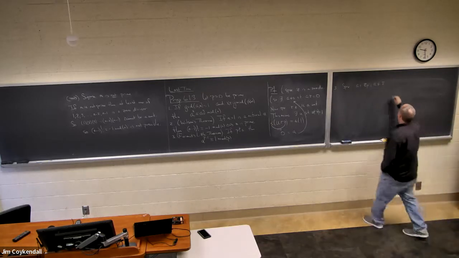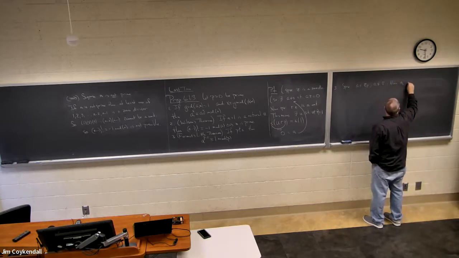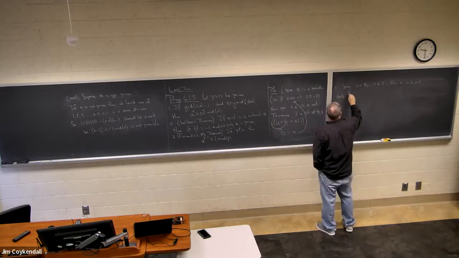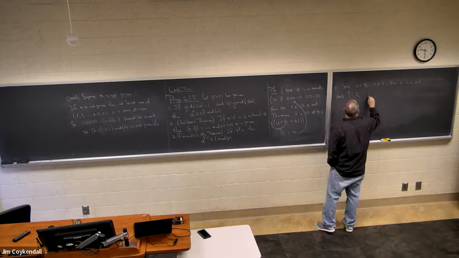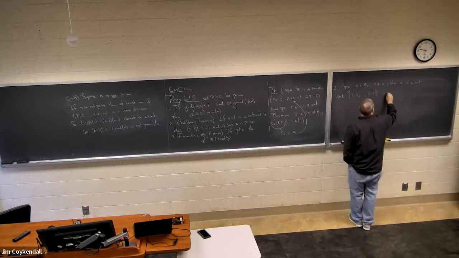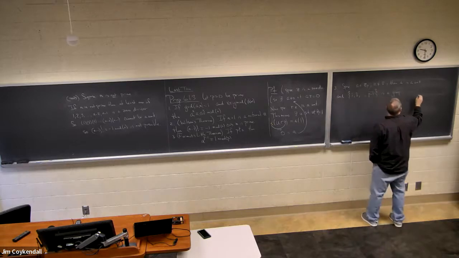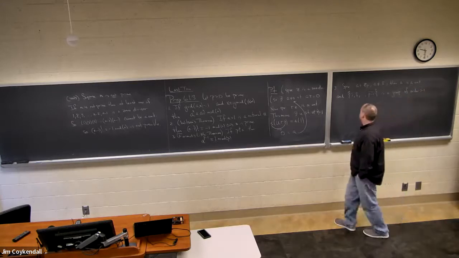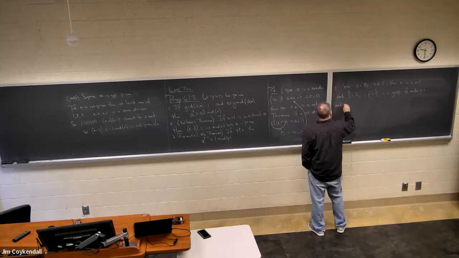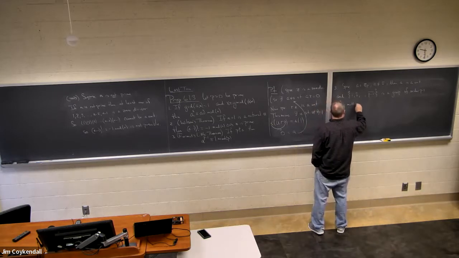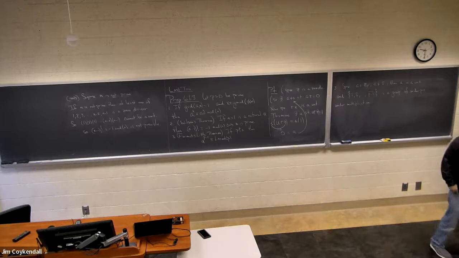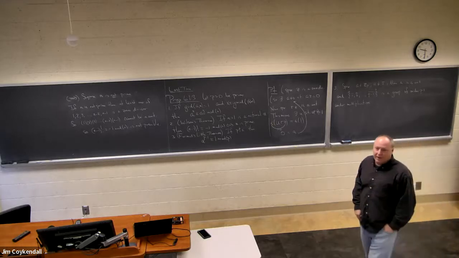Then, as we've observed before, the non-zero elements of Z mod P, 1 bar, 2 bar, the whole way up to P minus 1 bar, form a group under multiplication, right?